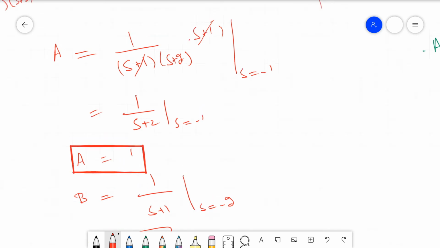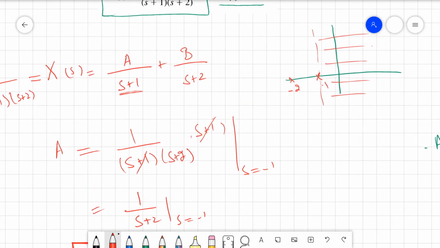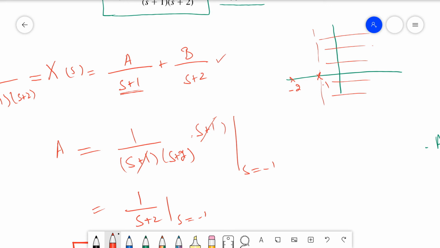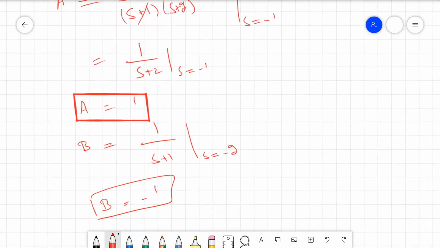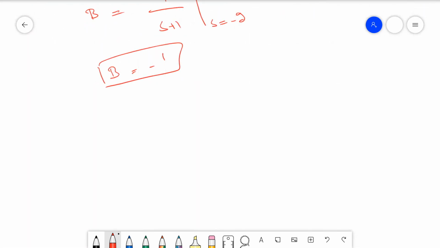Now we can write this partial fraction expansion, this form, by putting the values of a and b. Now we have X of s equals to 1 over s plus 1, and b was -1, so 1 over s plus 2.